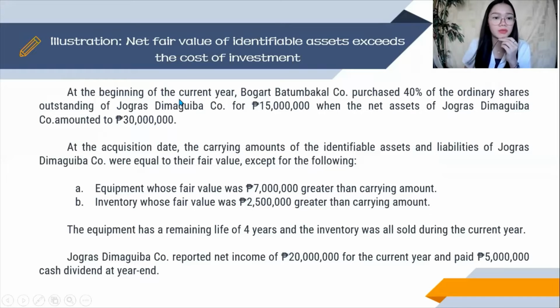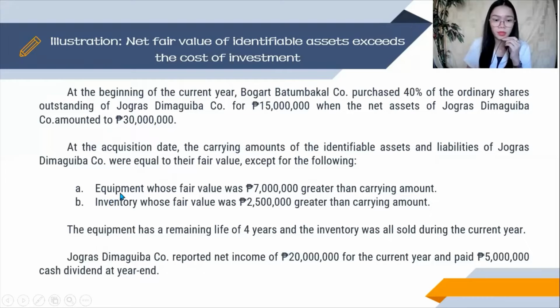So, at the beginning of the year, Bogart Batumbakal Company purchased 40% of the ordinary shares outstanding of Jogras de Magiba Company for 15 million, when the net assets of Jogras de Magiba amounted to 30 million. At the acquisition date, the carrying amounts of the identifiable assets and liabilities of Jogras de Magiba Company were equal to their fair value, except for the following.